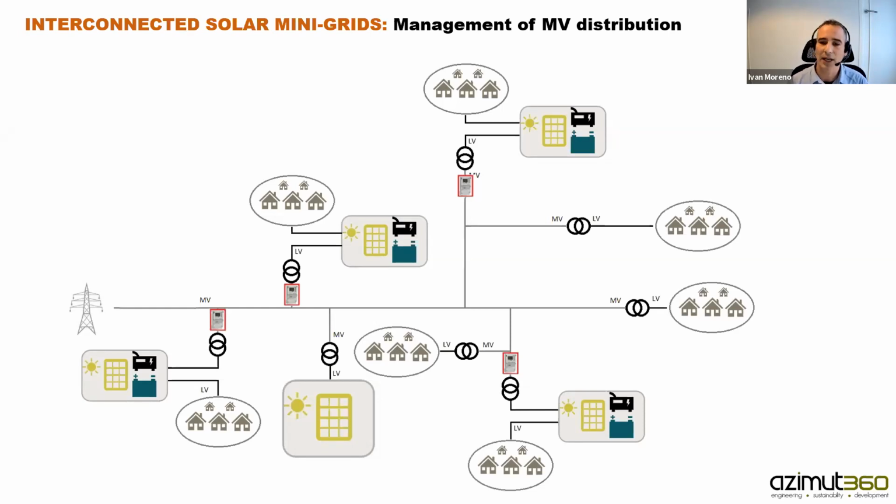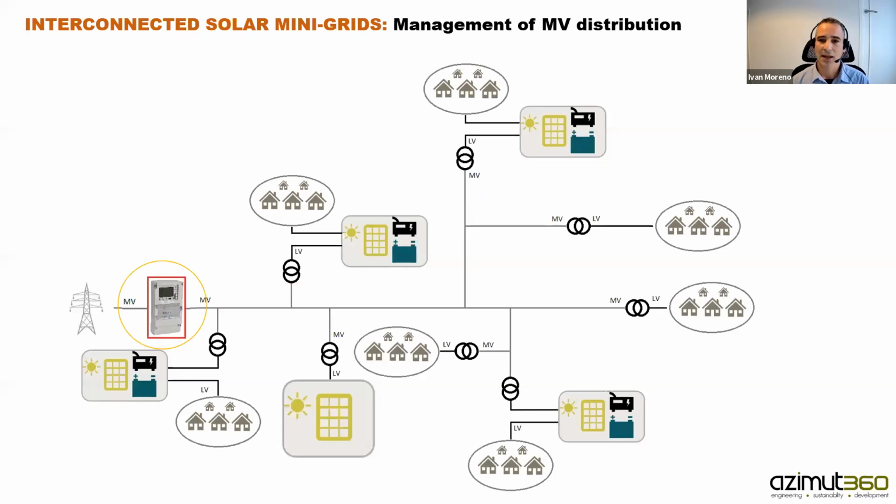We can have both situations: big PV plants in the places where it's better to have a large-scale PV plant, and also every village having its own resources, so that we greatly improve the self-consumption of renewable energy.